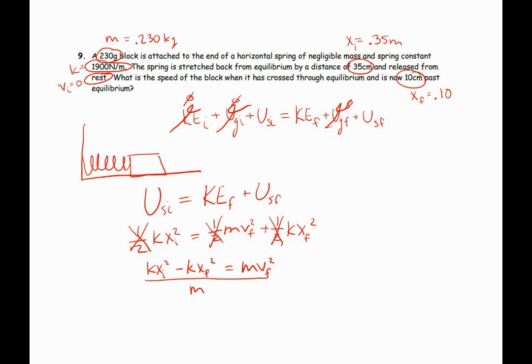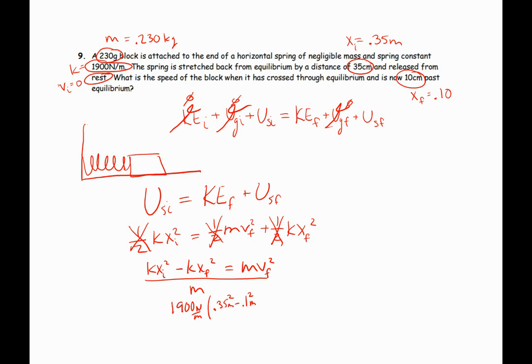And now I'm just going to go ahead and plug things in. So when I plug things in, I get that my K is 1900 newtons per meter times X initial, which is 0.35 meters, minus 0.1 meters. And I don't want to forget to square it. See, look at the lesson that I learned from our last lesson.